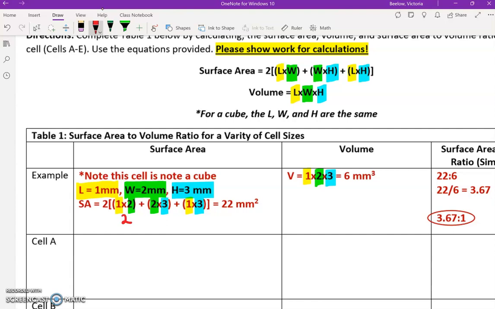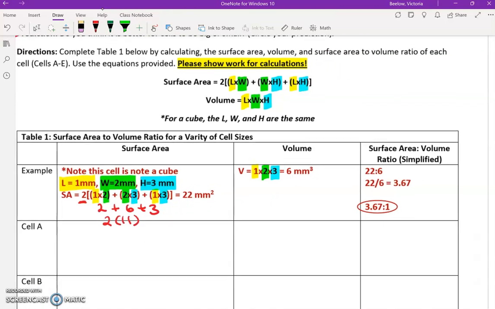So in this case, this was 2 plus 6 plus 3, which is 11. And then the last thing you do is you're going to notice there's a 2 on the outside. You're going to multiply that number by 2. So 2 times 11 is 22. And notice for the units, it is millimeters squared because we're talking about surface area.